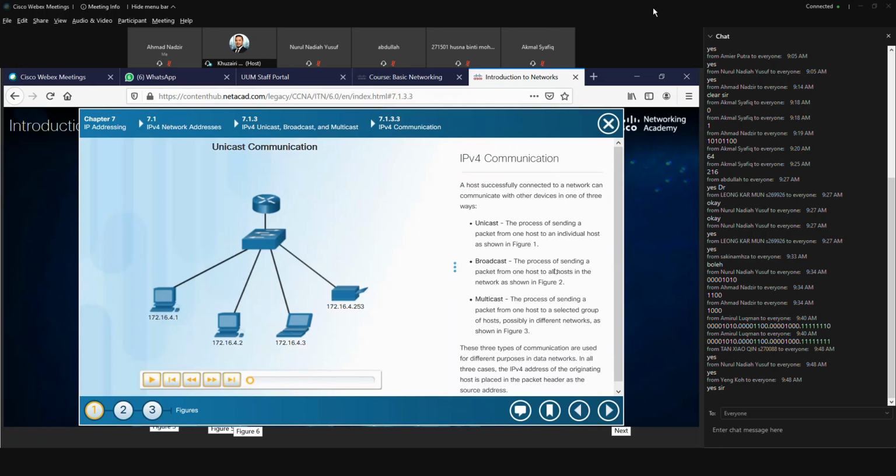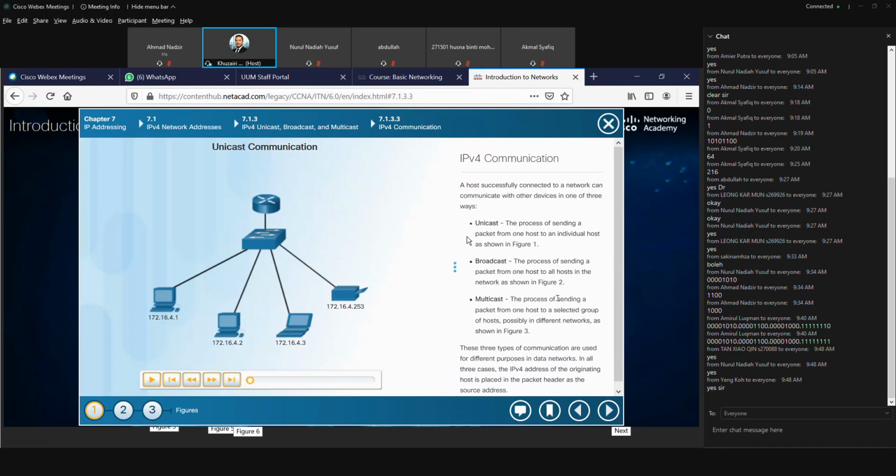Remember this: unicast, broadcast, multicast. Unicast is when you have your complete IP address. And what does broadcast mean? Broadcast is where the host portion is all ones. That is the broadcast address.